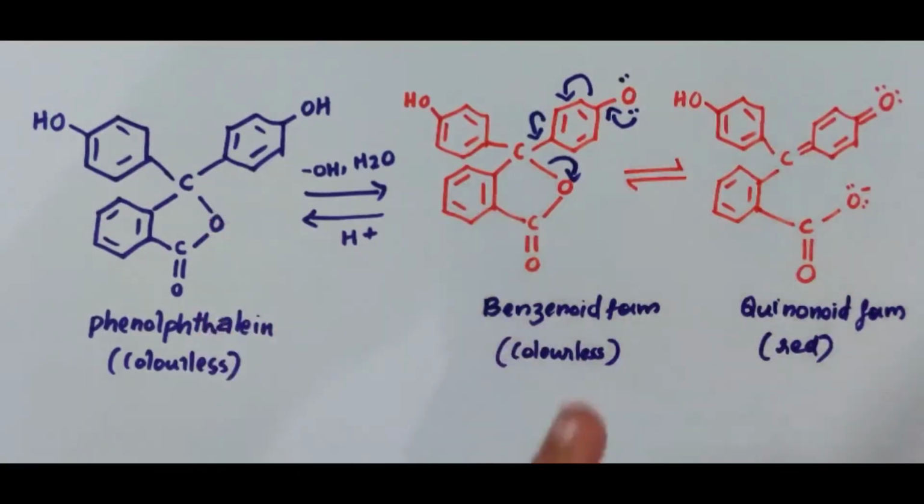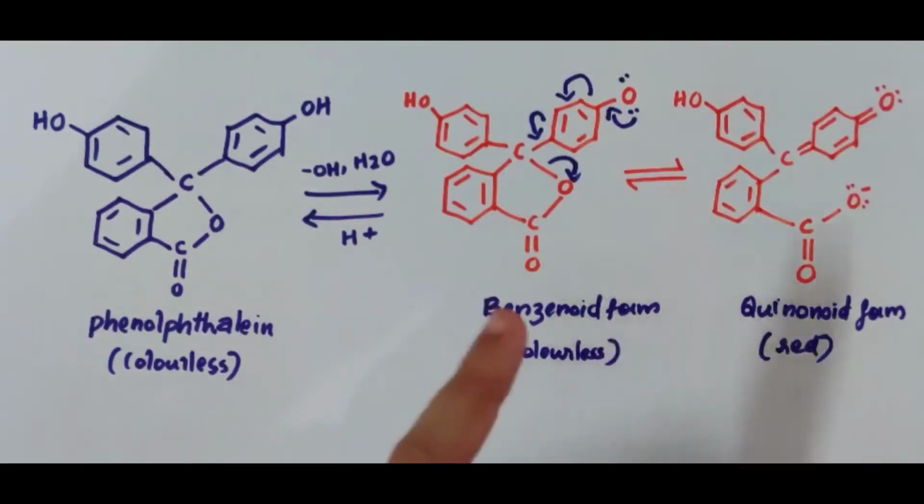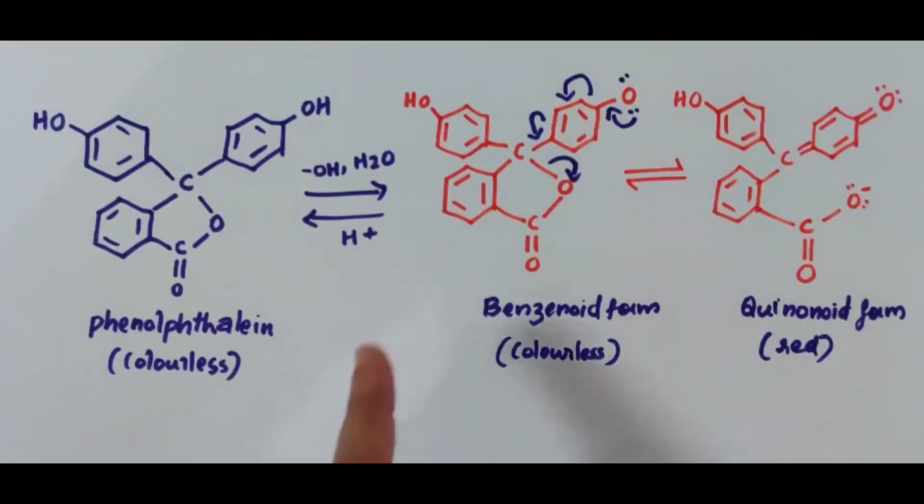But in acidic conditions, the actual pH range is 0 to 7, below 7. Here, however, it shows colorless even below pH 8, due to the benzenoid form. And red color in basic medium is due to the quinoid form.